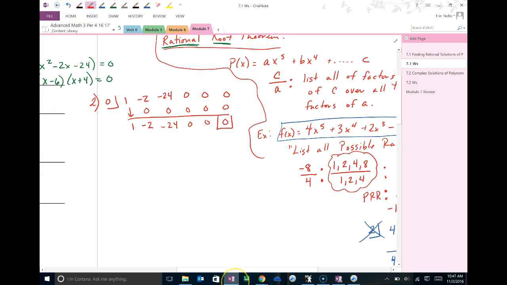-4. All right, so now I'm going to use -4 in the box and keep breaking further. Okay, so I drop the 1. 1 times 4, 4. -2 plus 4, 2. Oh, my bad. Sorry, -4. Hold on, my bad.